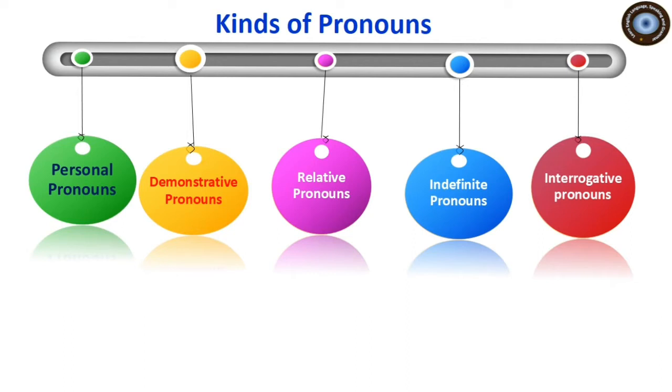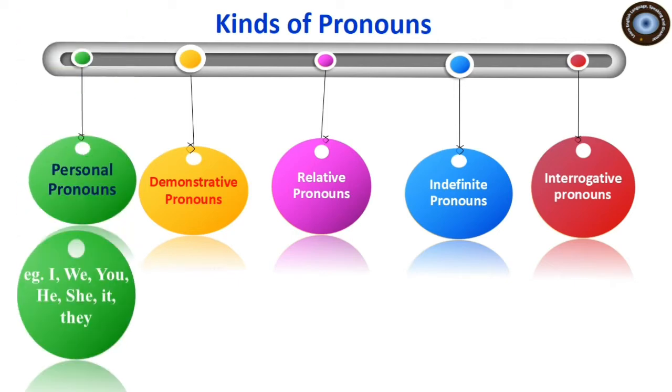Now we see the examples of personal pronouns: I, we, you, he, she, it, they. Then we have demonstrative pronouns: this, that, these, those.